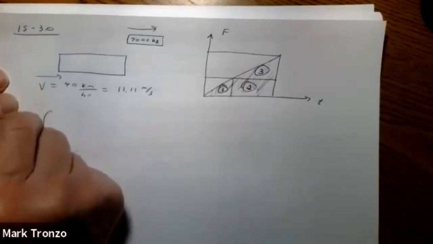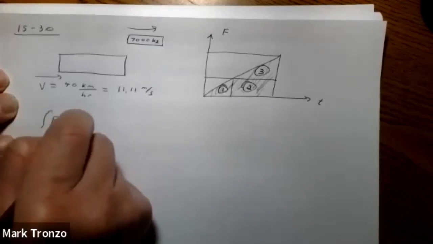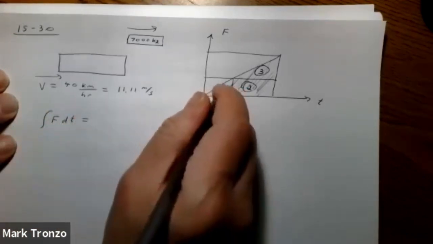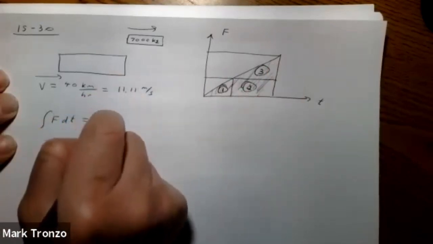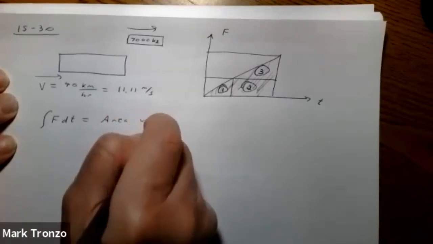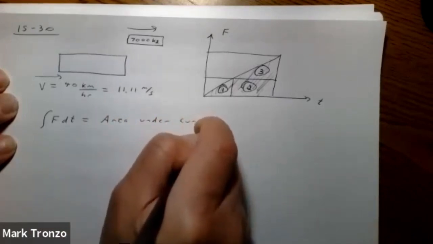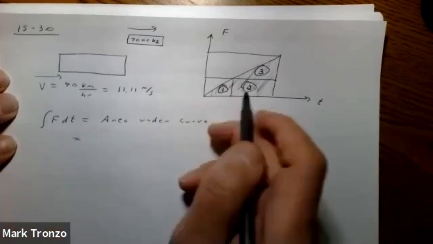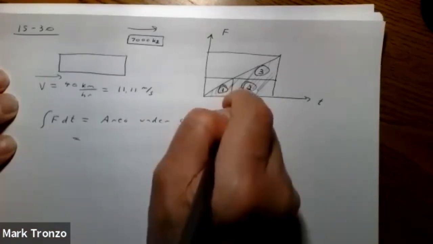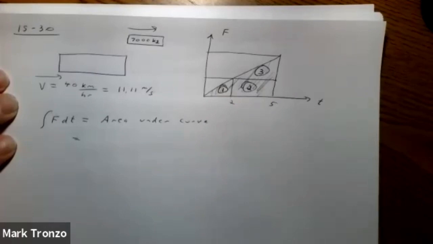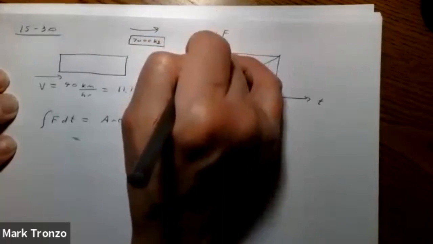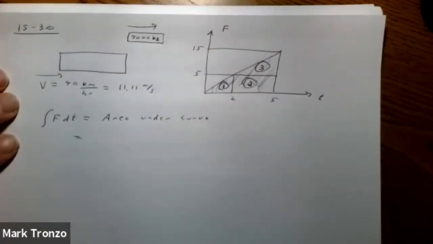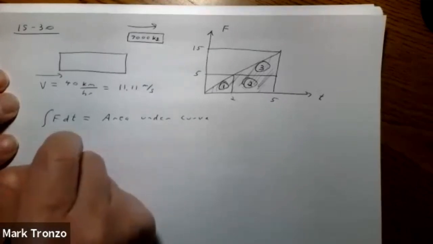So really our force F dt is just going to be the area under the line. And so what we have over here, this is 2 seconds, 5 seconds, and then this is 5 here, 15 up here, like this. And so, yeah, we can just take the area under the curve.